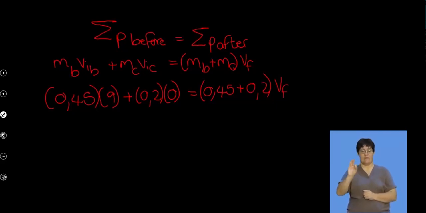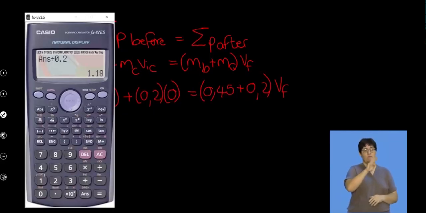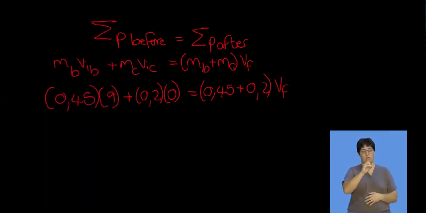Now we need to solve for vf. Now it's a maths problem. So let's do the first part, which is 0.45 times 9. I can't do that in my head. So 0.45 times 9 gives me 4.05.